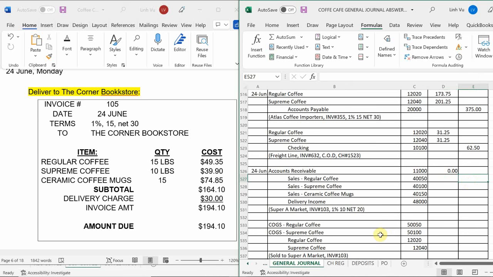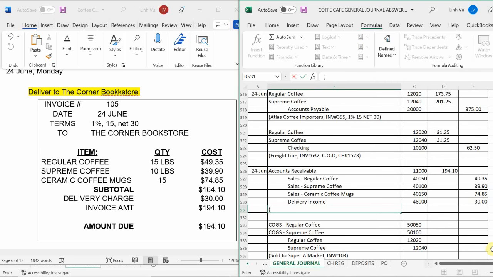How much regular coffee did we sell? 49.35. What about Supreme coffee? $39.90. Ceramic coffee mugs, $74.85. And last but not least, delivery fees to get you $194.10.